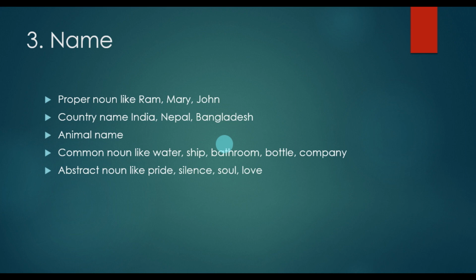For example, Ram, Mary, John, as well as Muhammad. In the case of countries, India, Nepal, Bangladesh, Australia, Saudi Arabia, Bhutan, they are exact names. They appear exactly and have no paraphrase.